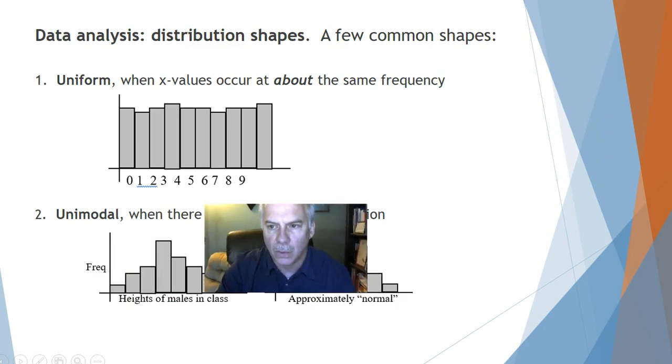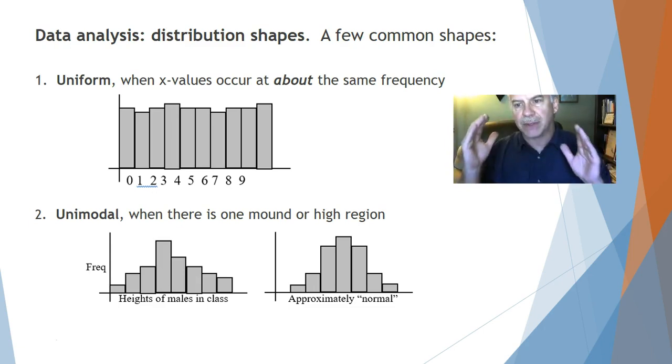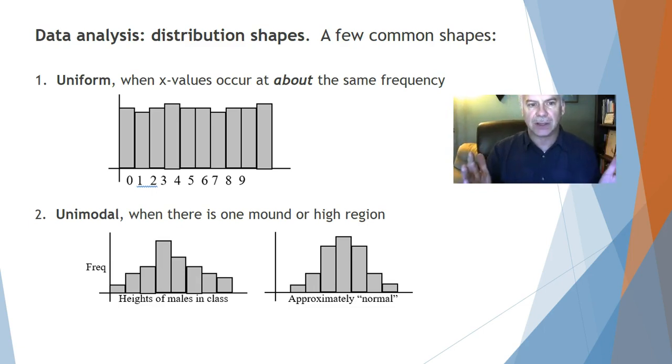So when you're creating histograms, the shape of the histogram is something that we're going to be talking about. So I wanted to talk about various possible shapes. There's lots of shapes, but these are commonly occurring shapes that you'll see in statistics.